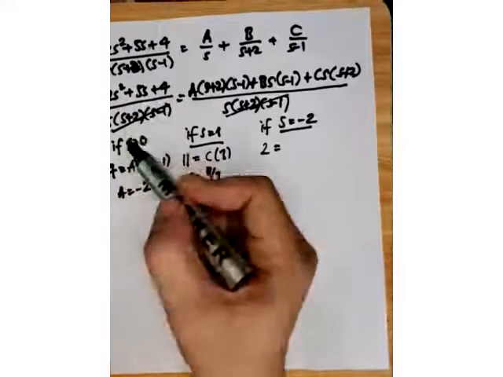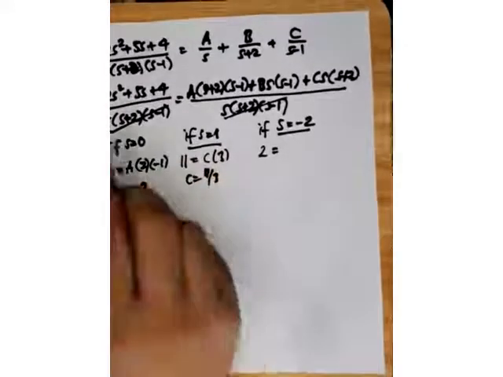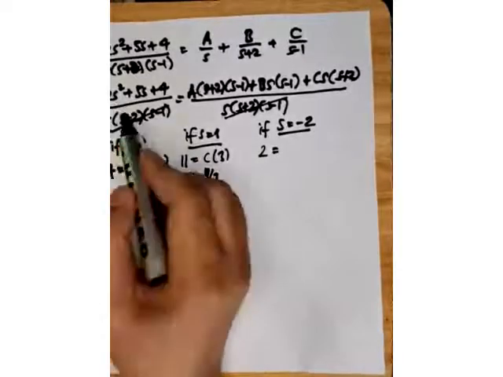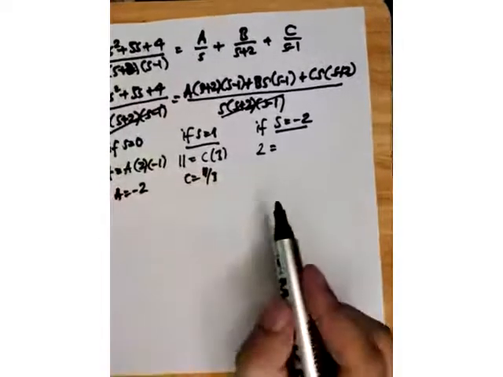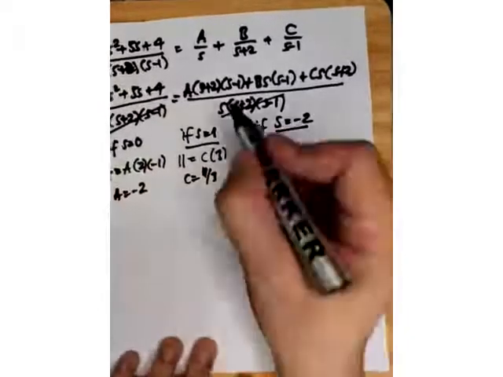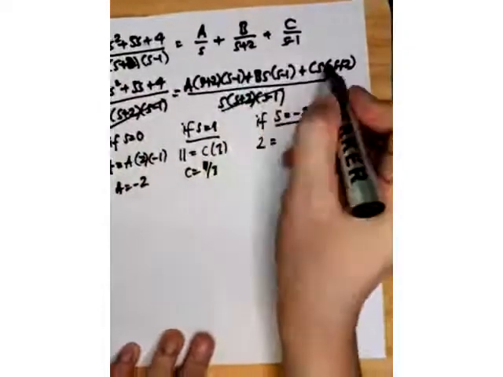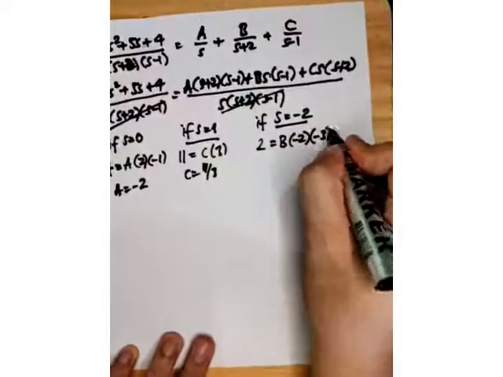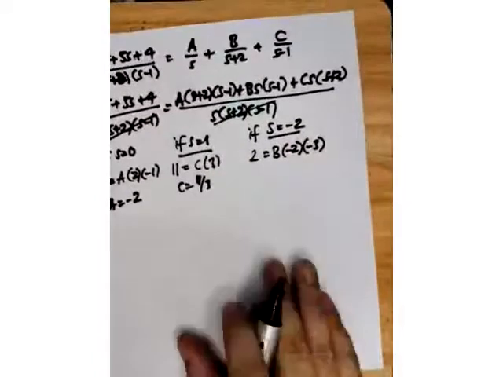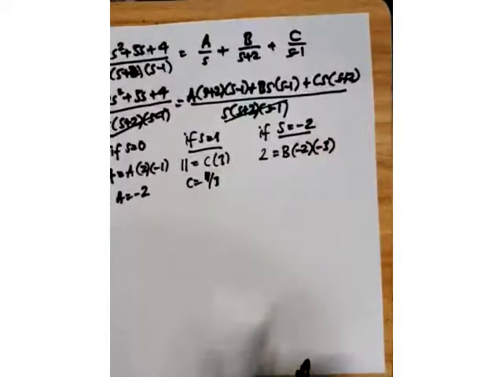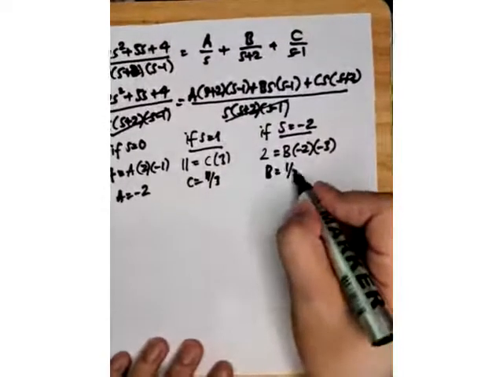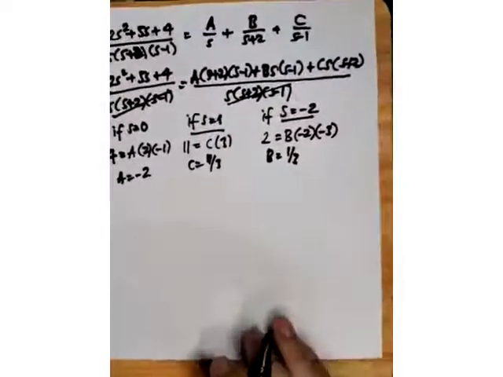So, that is negative 6. So, 8 minus 6, that's positive 2. That's equal to, kakancel ito, makakancel din. So, matitira ay B times negative 2 times negative 3. Tama ba? So, B is equal to 1/3. Ayan.